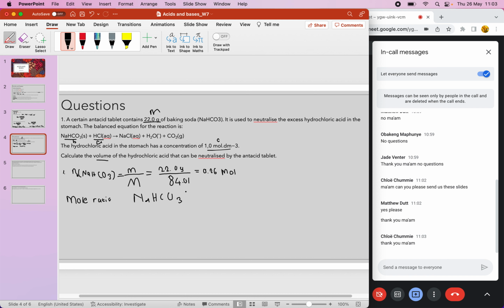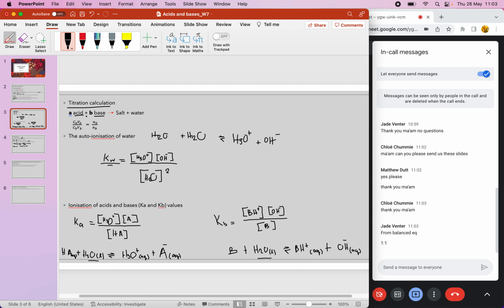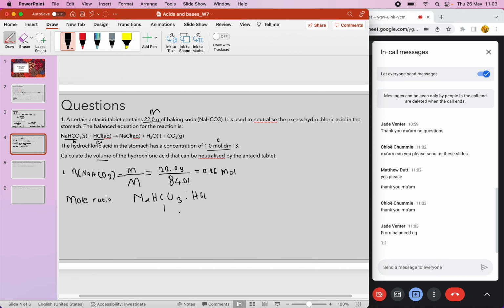You get the mole ratio from the balanced equation. Is the equation balanced? It is balanced. So you get the mole ratio from the balancing figures of the equation. In this case, the mole ratio is going to be 1:1.